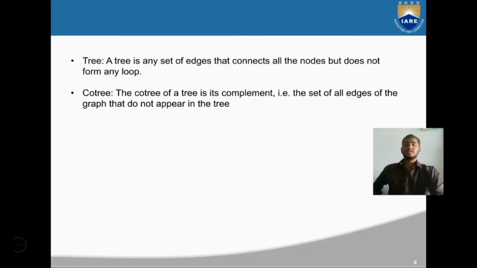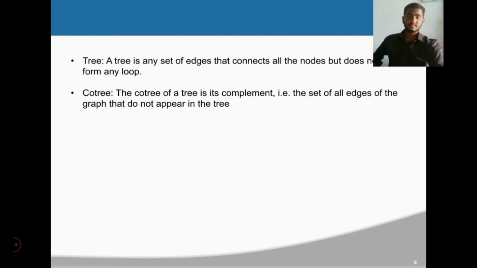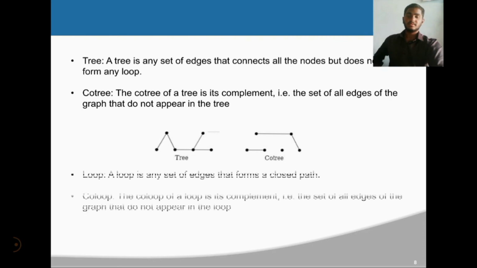Tree. A tree is any set of edges that connects all the nodes but doesn't form any loop. Co-tree. The co-tree of a tree is its complement, that is, the set of all edges of the graph that do not appear in the tree. This is a tree and co-tree.